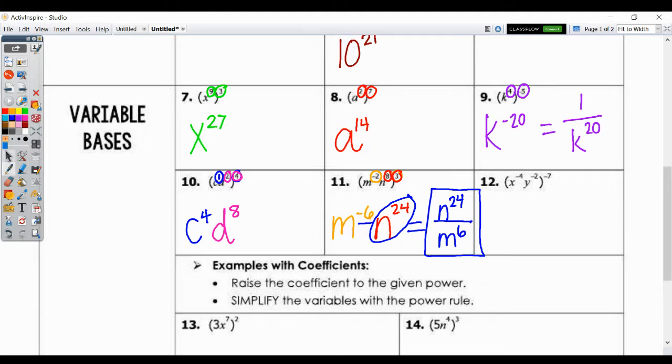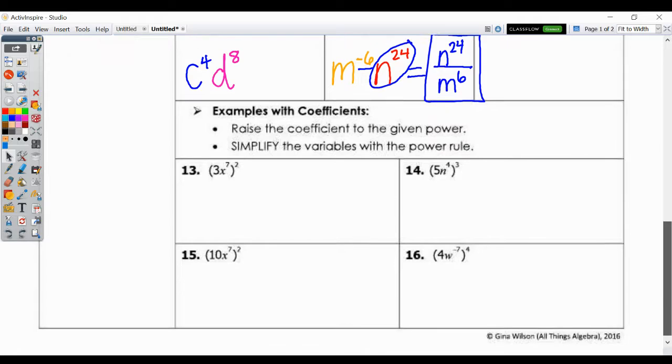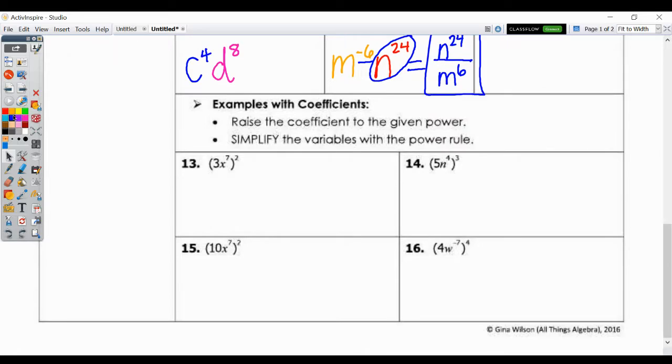Okay, let's do a couple of problems with coefficients. So coefficients are these regular numbers that are in front of our variables. Our coefficients are going to behave like regular numbers have always behaved. So I'm going to do 3 to the second power. 3 to the second power is just 3 times 3, right? 3 times 3 is 9.